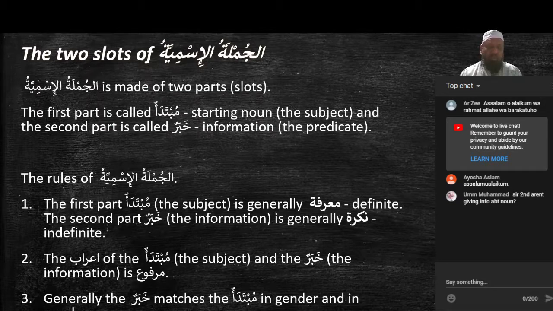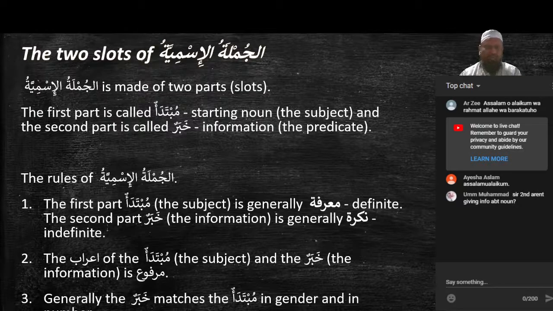Now, we need to apply the rules of Al-Jumla Ismiya. There are three rules to apply. Once you apply these three rules, you have a sentence in Arabic. You have a jumla. So what are the three rules? Number one, the first part, Mubtada, is generally ma'rifah.